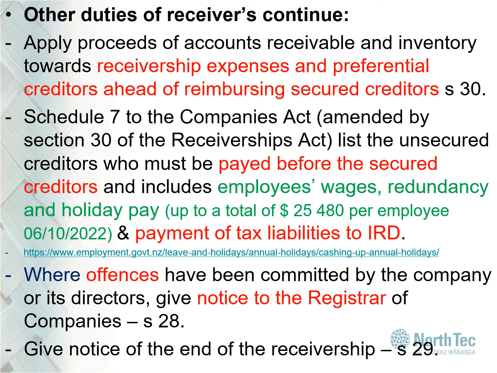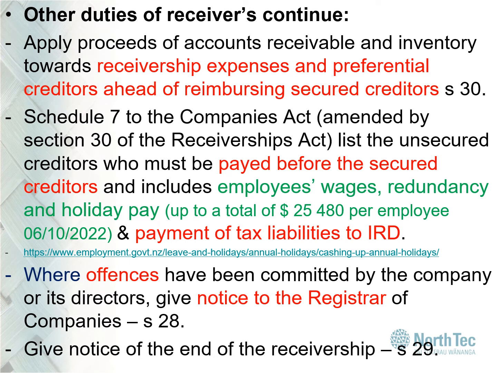So who are these preferential creditors? People, it's employees. So if you look at Schedule 7 to the Companies Act, amended by section 30 of the Receivership Act, you will see it's listing the unsecured creditors who must be paid before the secured creditors. And this will include employees, their wages, redundancy and holiday pay.